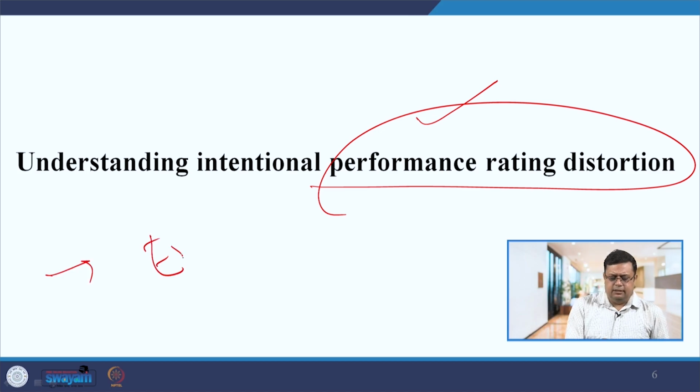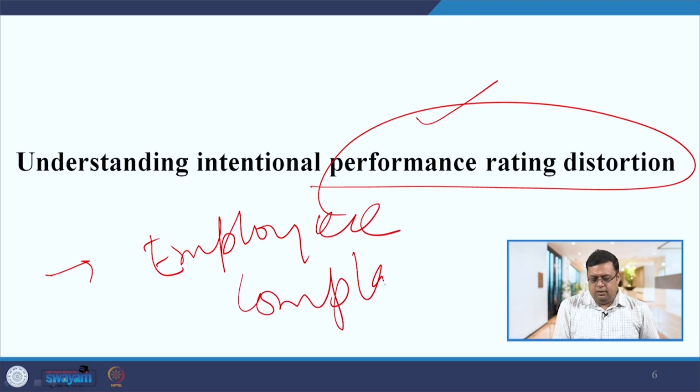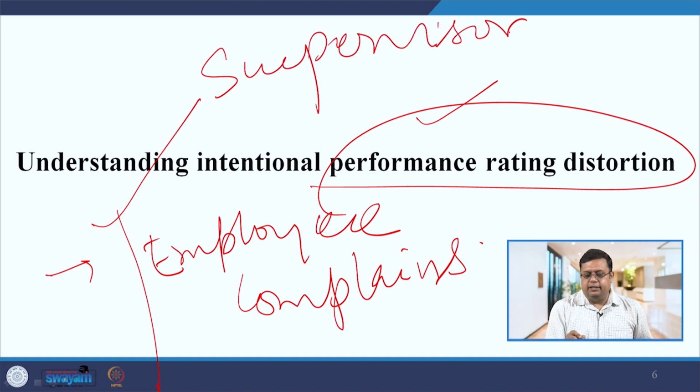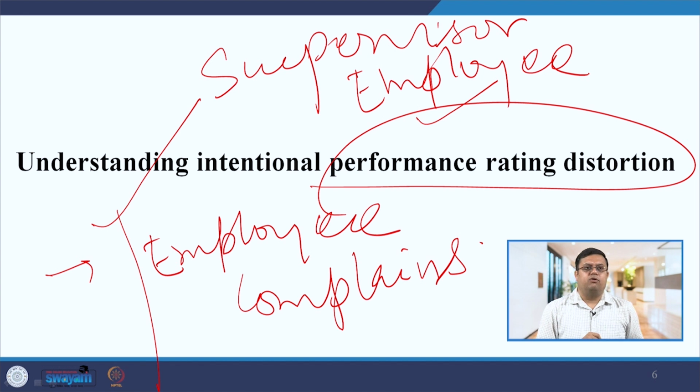I suggest you analyze the employee complaints, or supervisor complaints about the employee after the performance review meeting, right. So, these two data, basically I am talking about the employee complaints which are coming about the performance appraisal system of that particular organization.